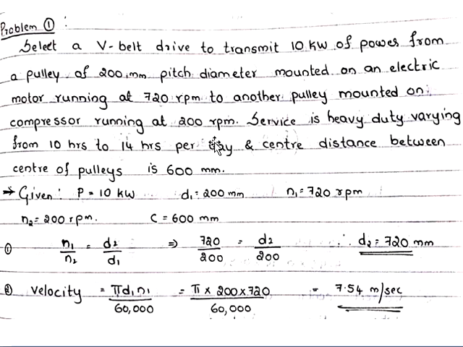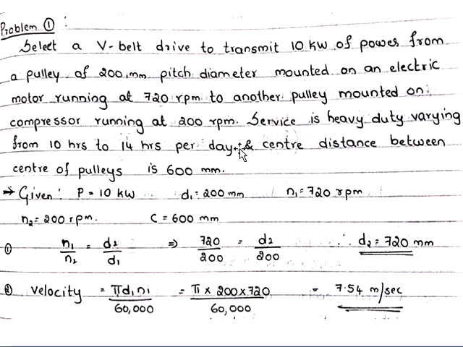First, whenever a question is given, identify whether flat belt drive or V belt drive is given. In this question, it is clearly mentioned that we are using V belt drive. Next, the power to be transmitted is given. Capital letter P is 10 kilowatt. One diameter value is given, so you might get confused whether this is D1 or D2. Keep it as it is right now.